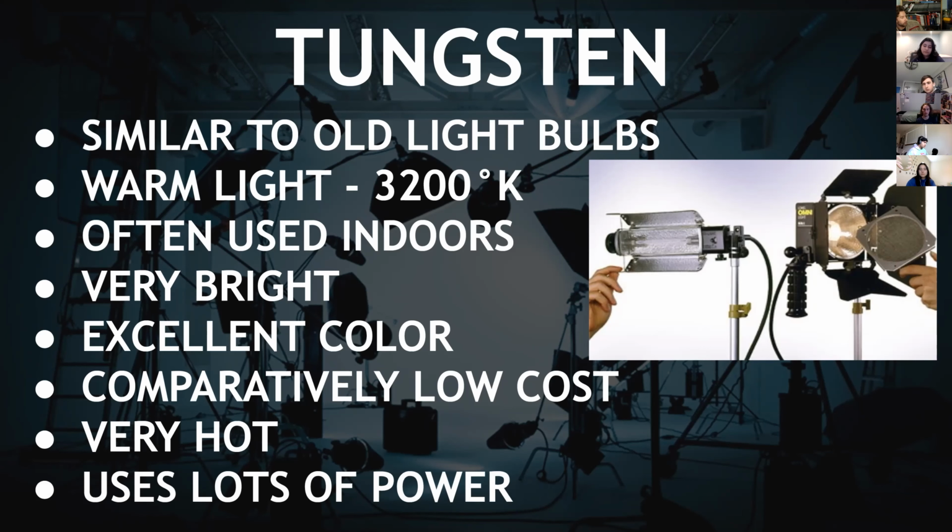Let me show you my tungsten light here. So I've got one here with me. Okay, so here is one of our tungsten lights. I got a bunch of these as well as others.